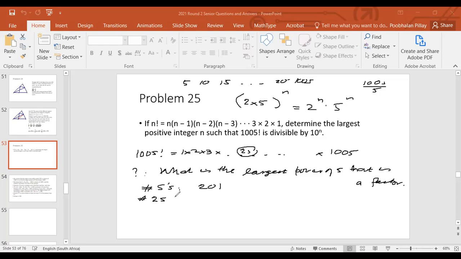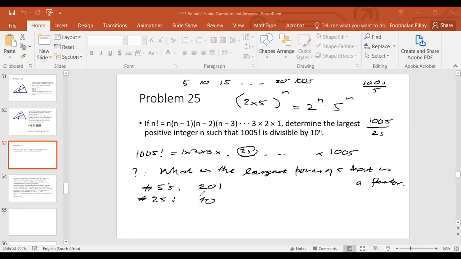The number of multiples of 25 in 1005: 25 times 40 is 1,000, so there are 40 multiples of 25, going up to 1,000, which is the 40th multiple. These all contribute 2 5s.